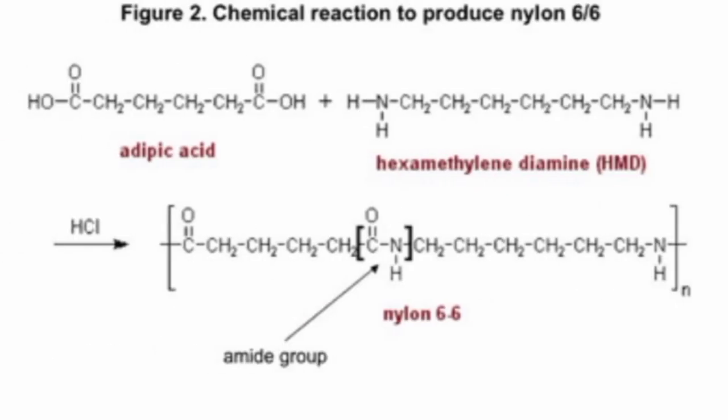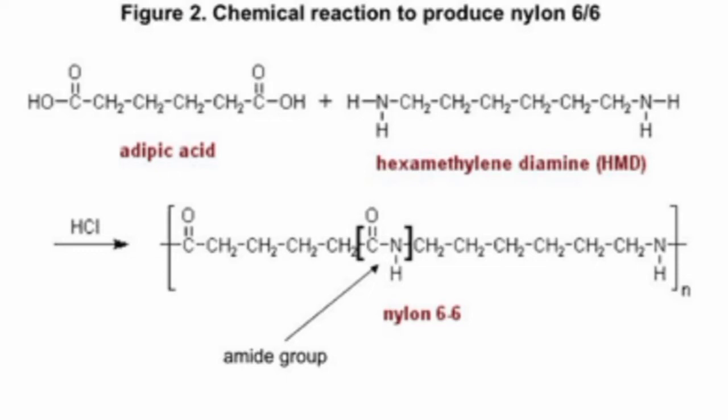On the screen you can see how it is formed. Now adipic acid contains 2 COOH groups and hexamethylene diamine has 2 NH2 groups at the ends. Now OH from COOH of adipic acid and hydrogen from the first NH2 group are removed in such a way that H2O is removed.